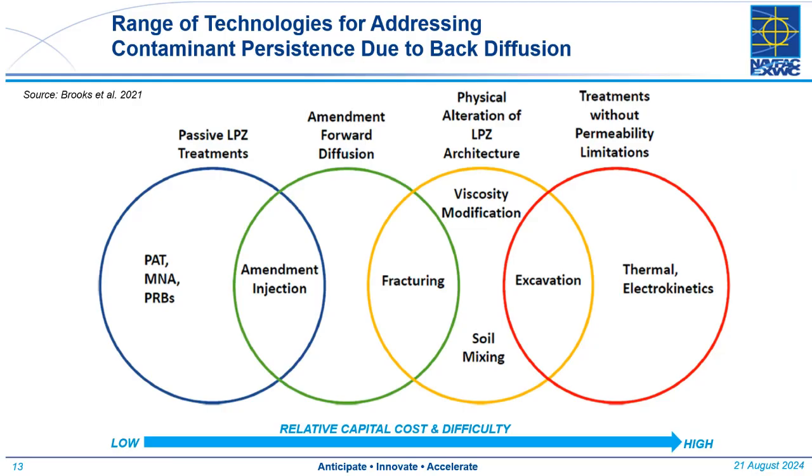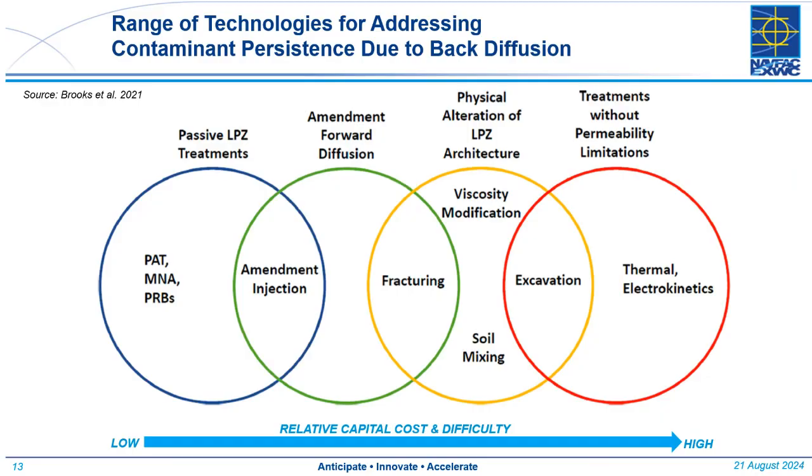Moving from left to right, we're moving from the simplest, lowest capital cost options, and these graphics don't account for O&M costs, to the highest capital cost, and from least difficulty to greatest difficulty or complexity. And by complexity or difficulty, I think we're talking about technical specialization.